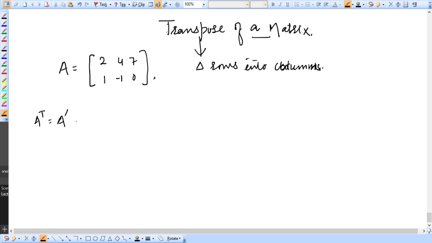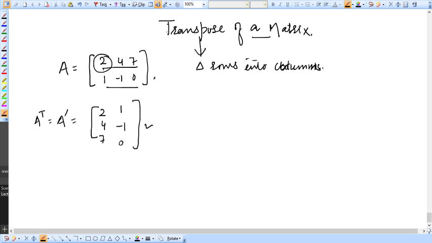Okay, both are similar. A prime would be equal to, now this is the first row, this would become the first column. This was the second row, and it would become the second column. Okay, this is the transpose of the matrix, right? So see what is happening in it.